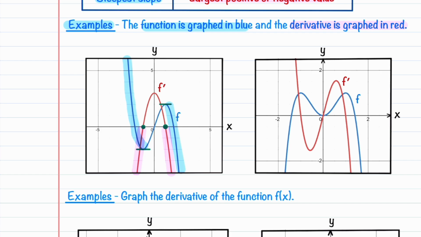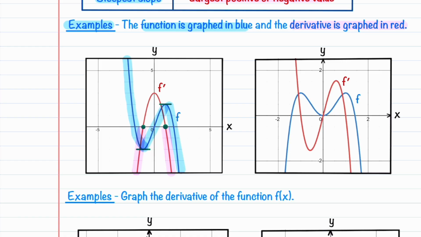Now let's look at what's happening between those two 0 points. Our function is increasing or has a positive slope, so the derivative has to lie above the x-axis. To see where it lies above the x-axis, what you can do is look at the function and see where it is the steepest.